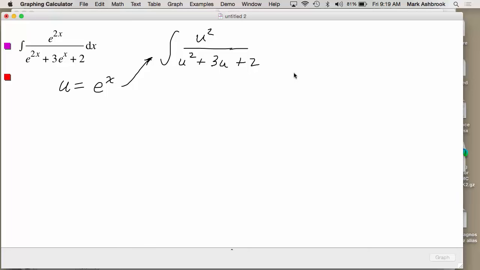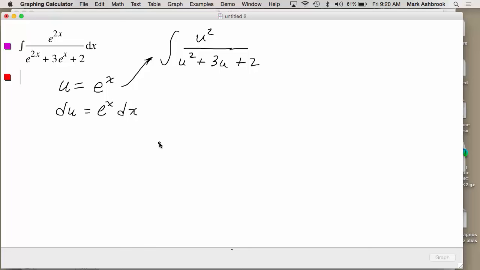What is dx equal to? Let's take a look. If u equals e to the x, then du equals e to the x dx. So what does dx equal? It doesn't equal du.